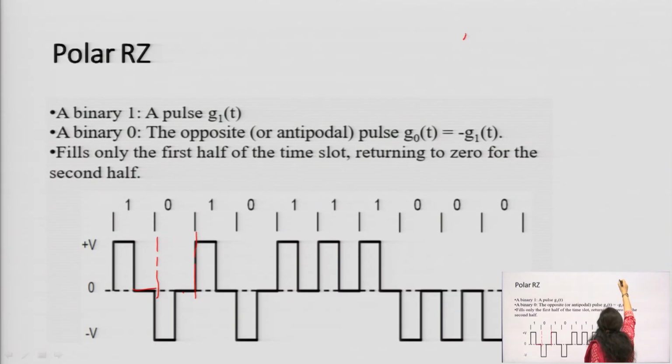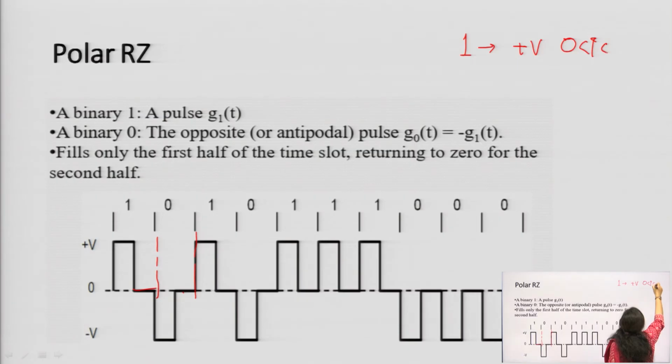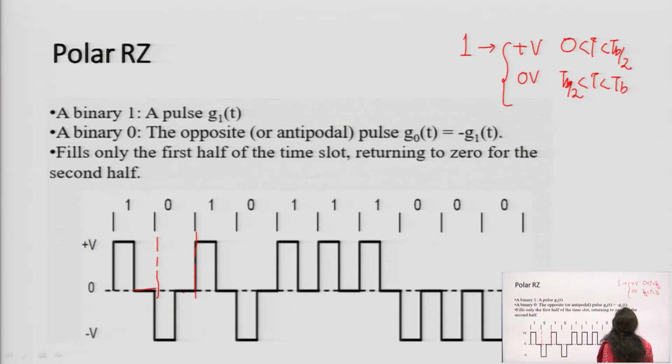So, for 1 it will be plus V for 0 to TB by 2, and it will be 0 volt for TB by 2 to TB. This is how you have to draw for the 1 bit.